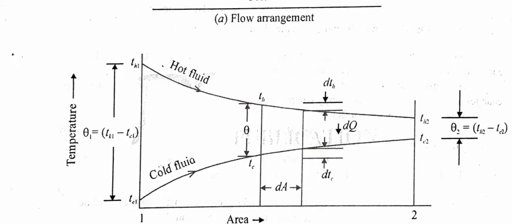After flowing parallel to each other, the difference becomes theta 2 at the end. Here we have taken a small area dA, and the temperature difference across this area, between Th and Tc, is where the heat is transferred.